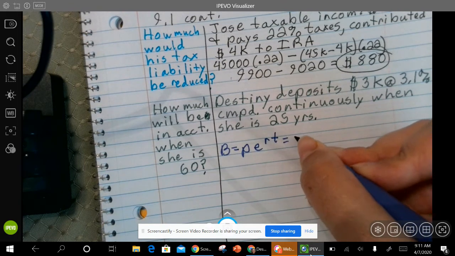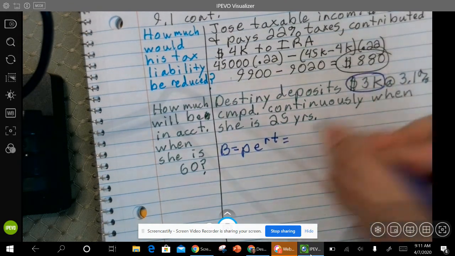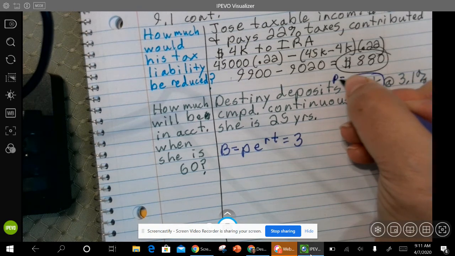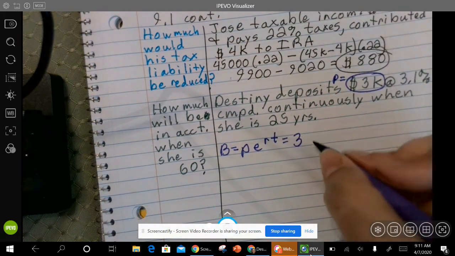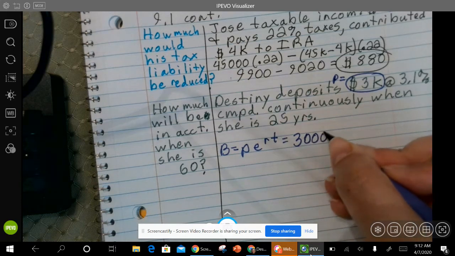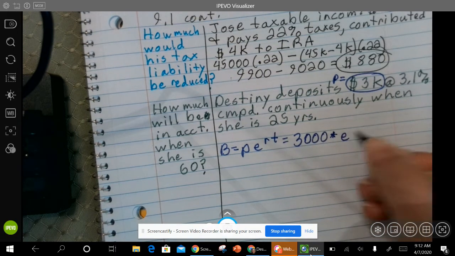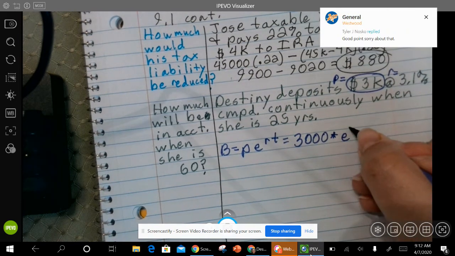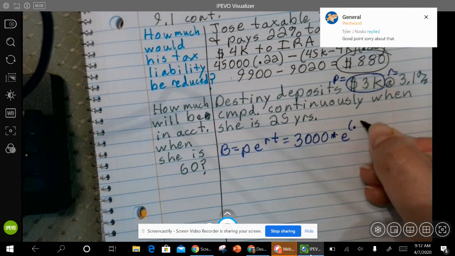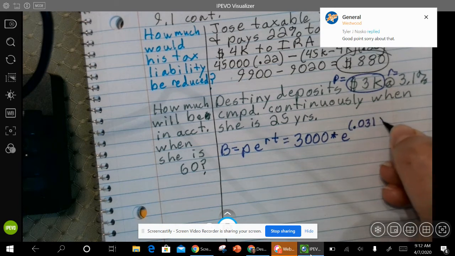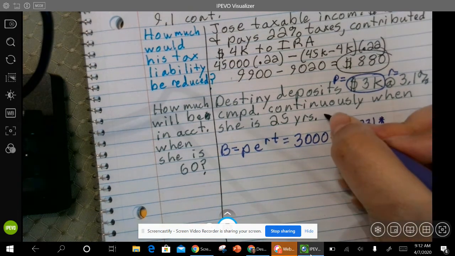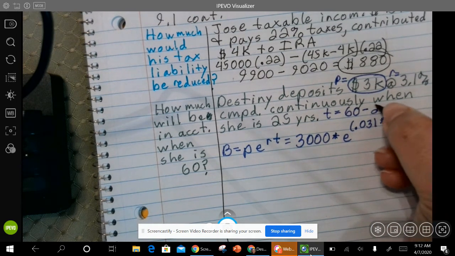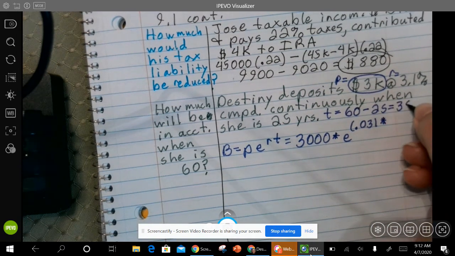So we're going to do 3,000 as our principal, times e, and then our rate. Our rate is going to be 0.031, times, and for our time, everybody, it's 60 minus 25, so 35 years.